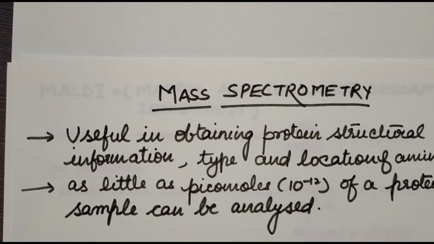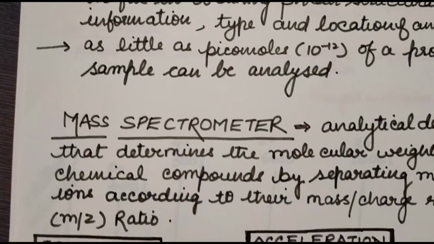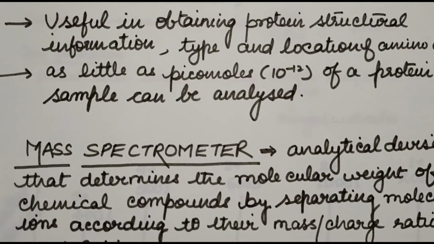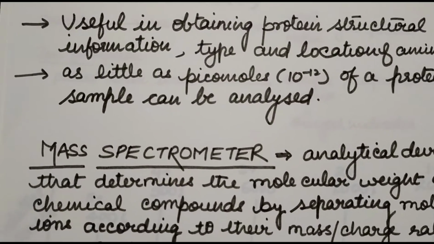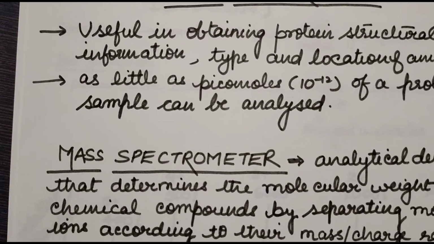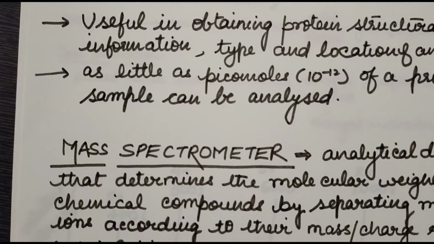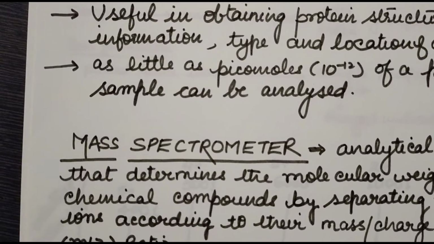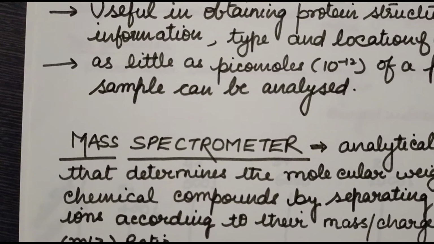In mass spectrometry we use an apparatus, and the name of the apparatus is mass spectrometer. A mass spectrometer is basically an analytical device that determines the molecular weight of chemical compounds by separating molecular ions according to their mass-to-charge ratio.